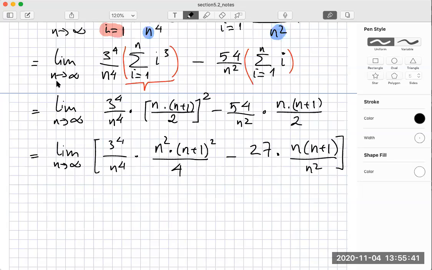Catherine asked, why isn't it cube? Which one, Catherine? Whenever you had I cubed in the first part of it, I didn't know why it was squared instead. Yeah, there's a formula in the notes, section 5.2. The sum from I is equal to 1 up to n of I cube.